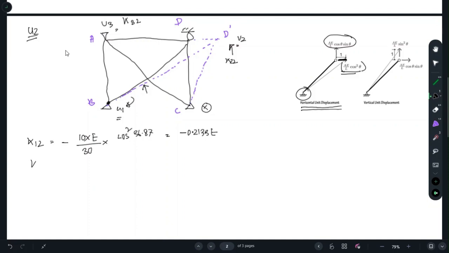Similarly, you can find out K22. So your K22 you'll find at this point. So the responsible frame is three: this frame, this frame, and this frame. Let's say we want to find out the stiffness for K22. For that, first of all, you're considering frame AD.